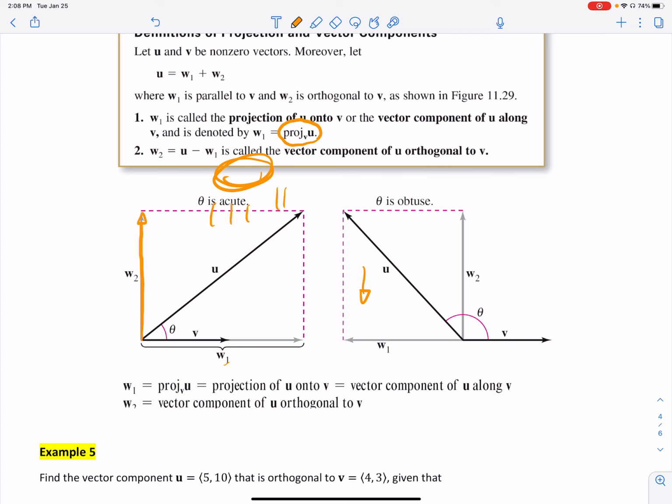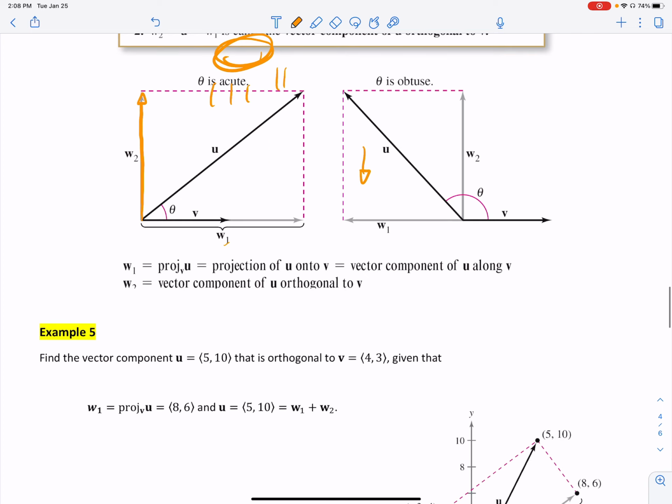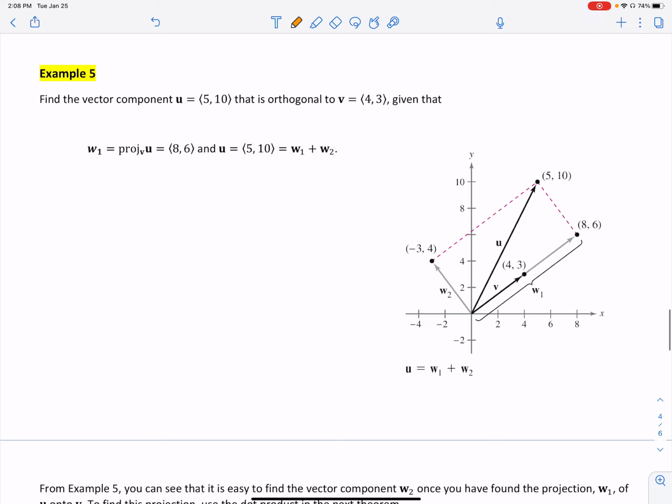All right, so this problem is going to go pretty quick. Example 5 here, find the vector component of U that is orthogonal to V. Okay, we have V there. They are wanting us to find, we have the picture here, we have U that they have plotted, and we also have V, 4, 3, and they want us to find W1 and W2.